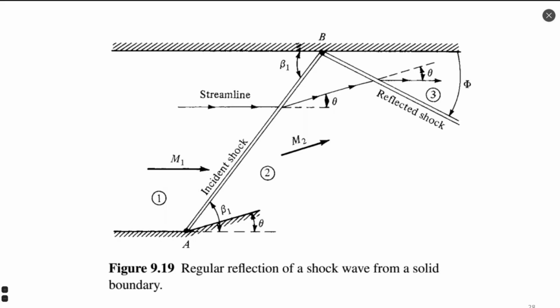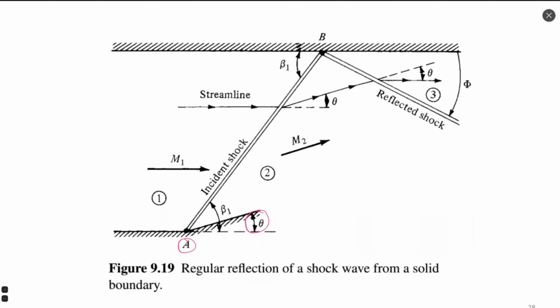Let's discuss first the simplest case, when a shock wave is generated at point A. At this point, we have a change of geometry. It was parallel to the flow before point A, and after it starts to have a body angle theta, generating some oblique shock wave.